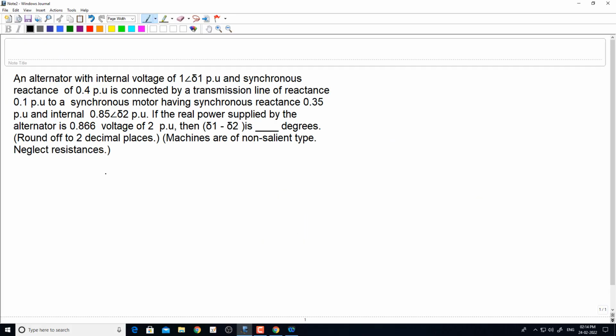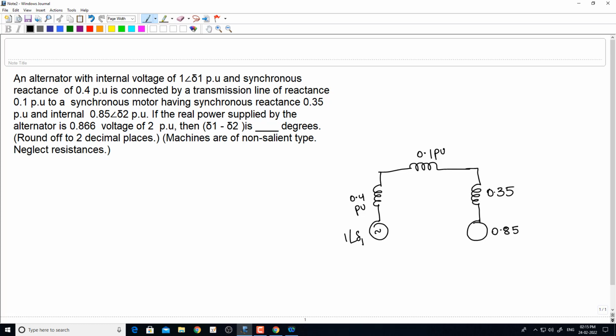First of all, the given data. An alternator is there, having a synchronous reactance of 0.4 per unit and a voltage of 1 at an angle of delta 1, connected to a transmission line of reactance 0.1 per unit, and it is connected to a synchronous motor of synchronous reactance 0.35 and voltage of the synchronous motor 0.85 per unit at an angle of delta 2.